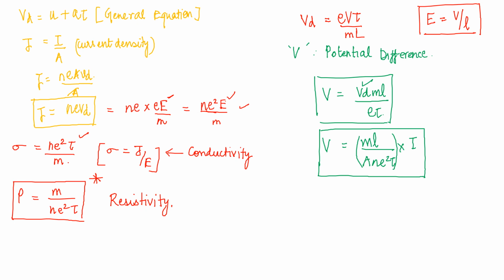So what we have seen here is the relation between drift velocity and resistivity.